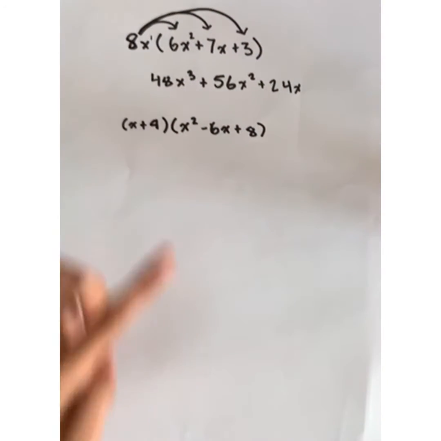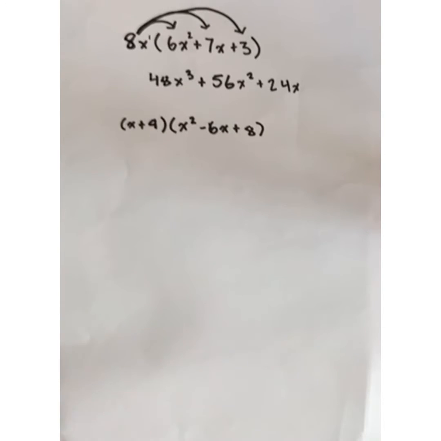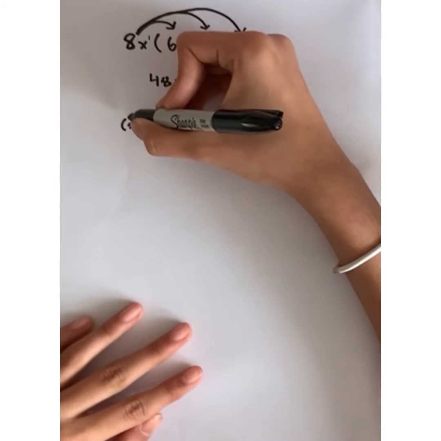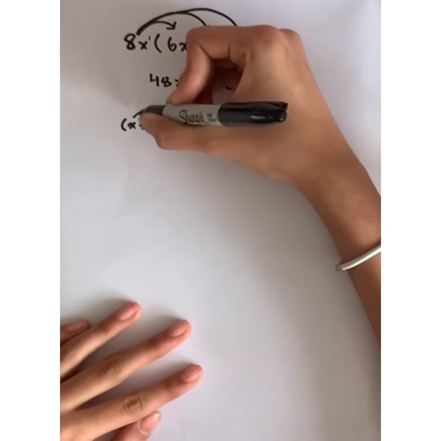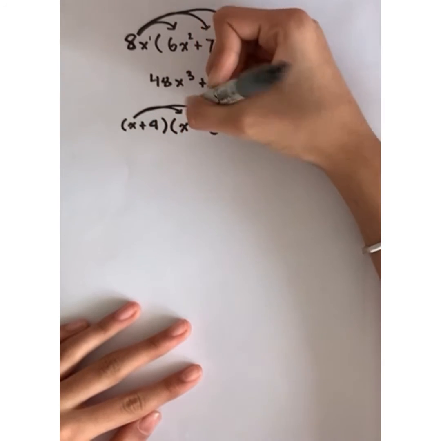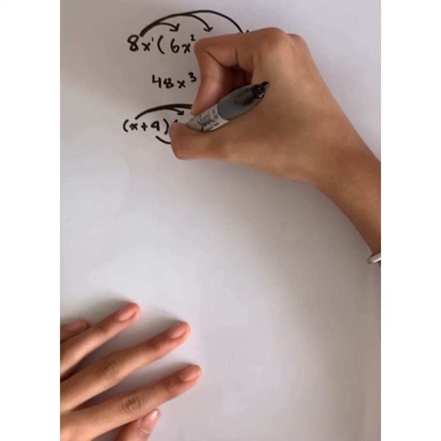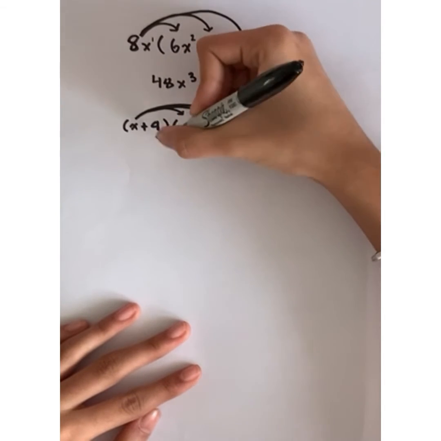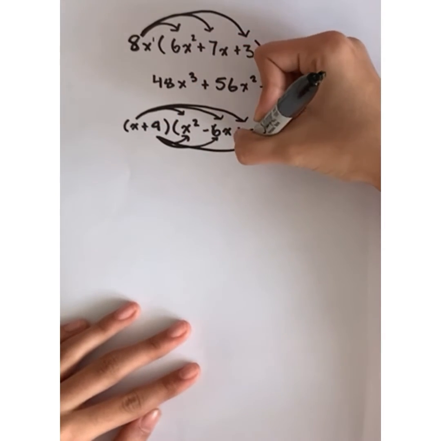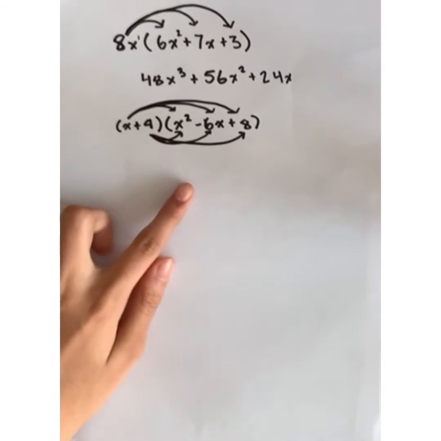Basically, the first term is multiplied by everything, and the second one does too. Just like I said, same concept. That gets multiplied by that, and that. So we're gonna be doing that.